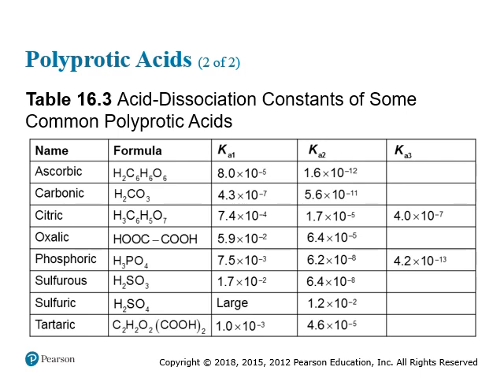With that being said, if we were looking at the pH of a solution of phosphoric acid, that pH would be dependent primarily on the Ka value for the first dissociation.